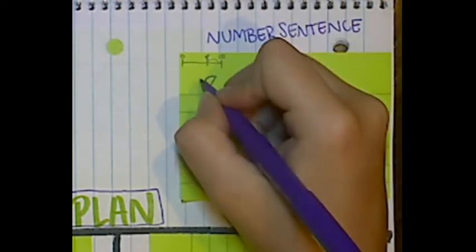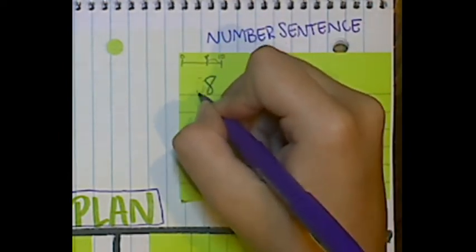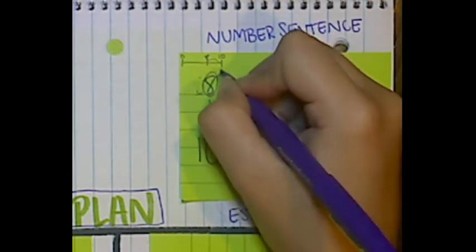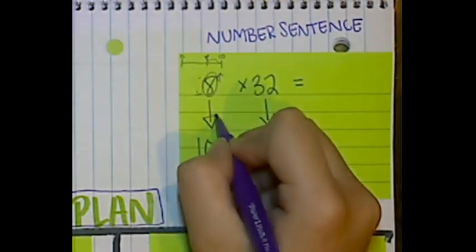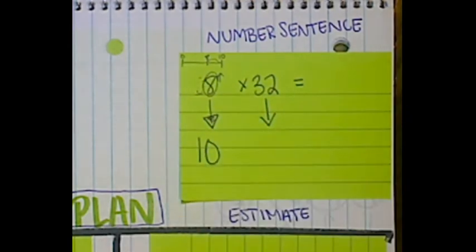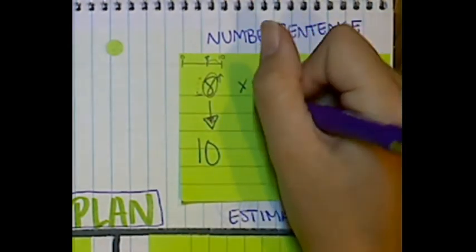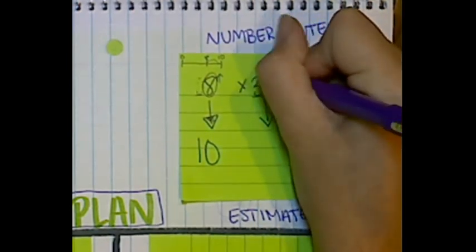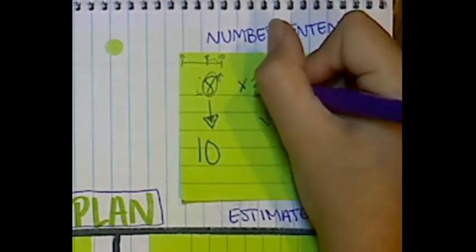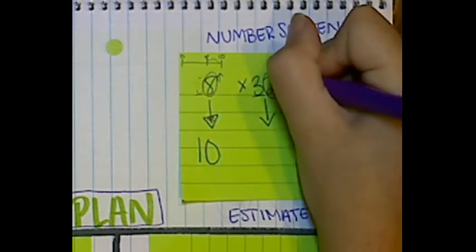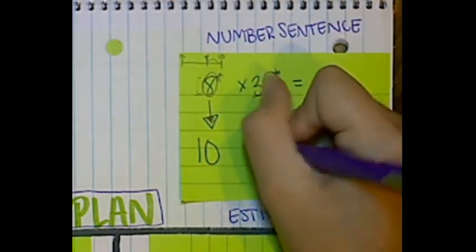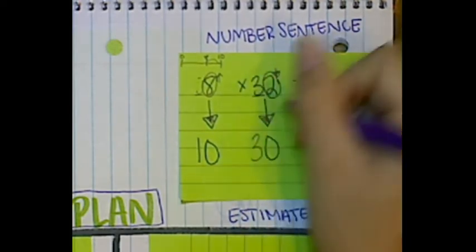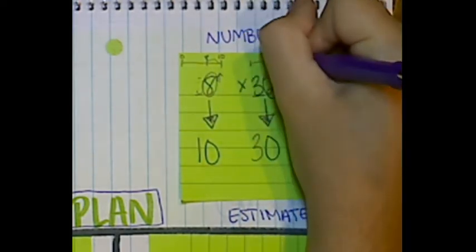That's also like remembering that there is an invisible 0 in front, circling, and it rounds up. So 8 is pretty close to 10. And when we're estimating with multiplication, we look at the front number. 2 rounds down. So 32 is closest to 30. We can also think of the number line for this one.